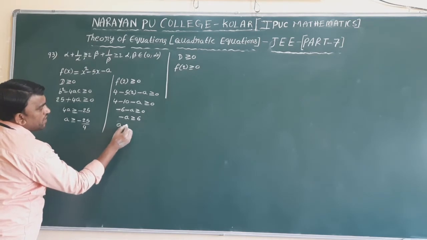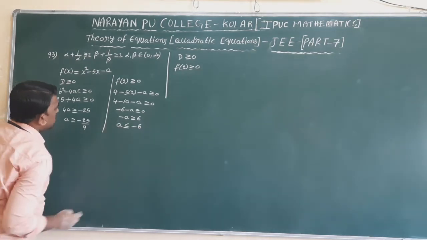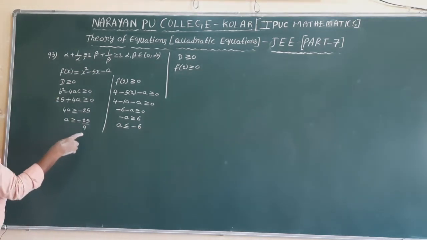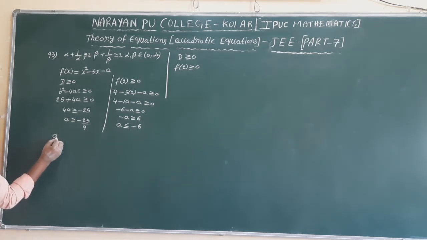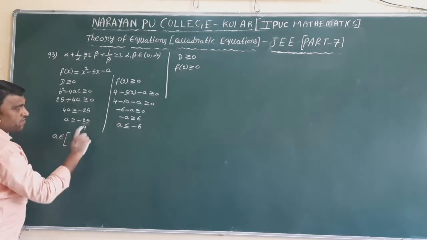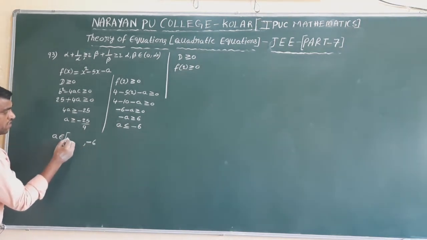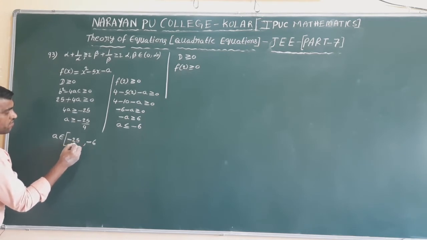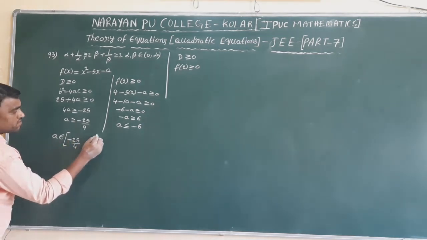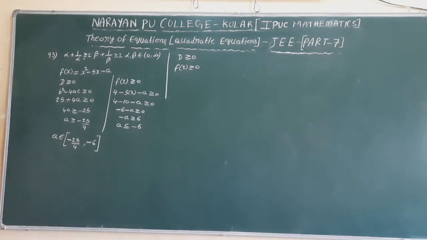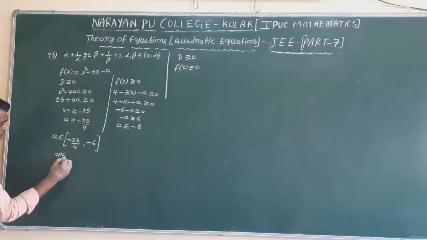Divide with negative: a is less than or equal to minus 6. But a is greater than or equal to minus 25 by 4. Therefore a belongs to the closed interval. In these two, which is the maximum number? Minus 6. So minus 25 by 4 comma minus 6 is the option. Option C is correct one.